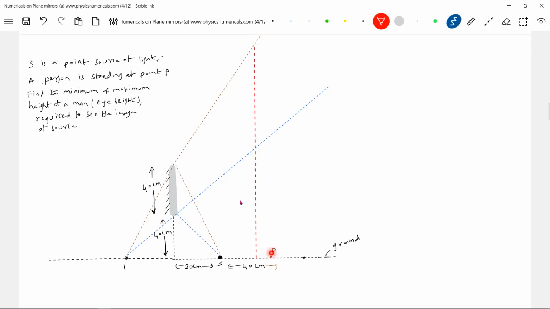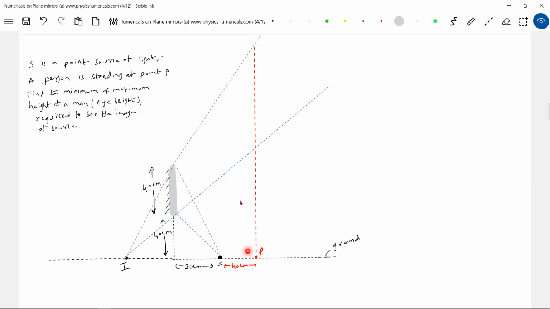Okay, this will be a better diagram, and the P, I'll bring it here. Hope you are able to understand the diagram which I'm putting here now.